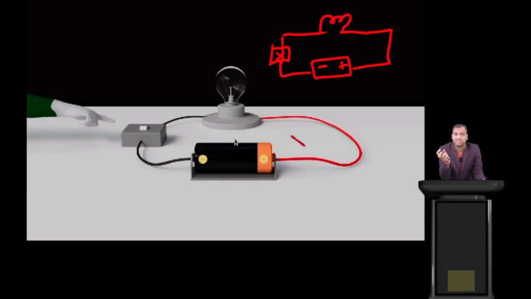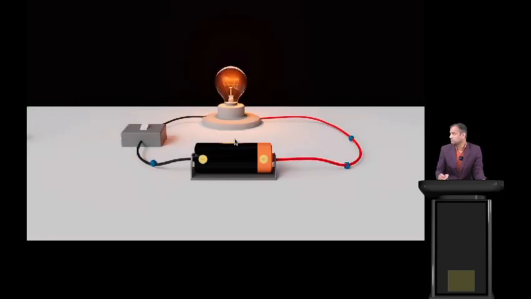It can open or close the electrical circuit. If we close the circuit, then the bulb is glowing. So here the electricity is converted into light.